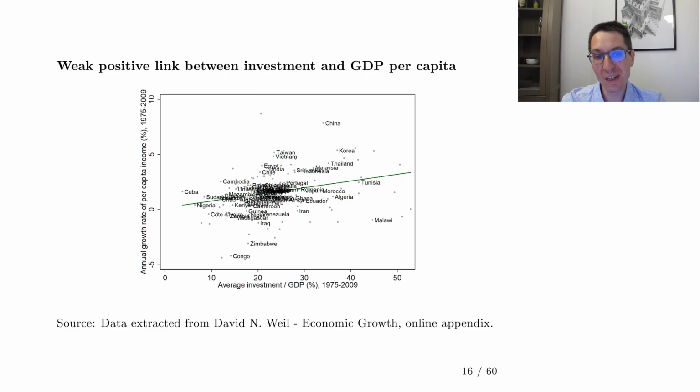The relation does look slightly positive, but quite weak. Moreover, it doesn't look like most rich countries invested a lot. They are all bunched together in the center, at about 20% of their GDP on average. So what's actually going on there? Is capital important or not?